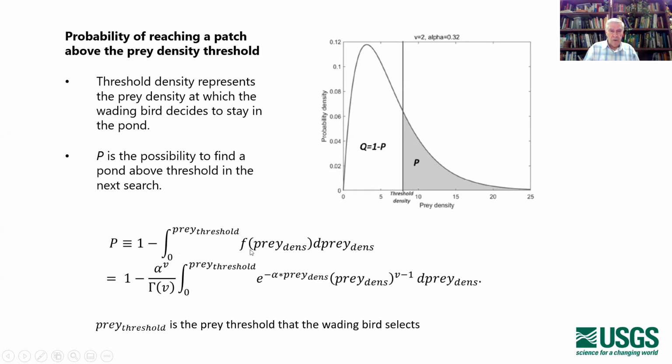So it's 1 minus this integral. Prey threshold is the prey density that the wading bird has selected, and it is going to wait until it reaches that density.